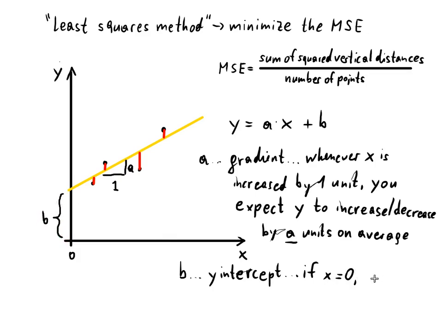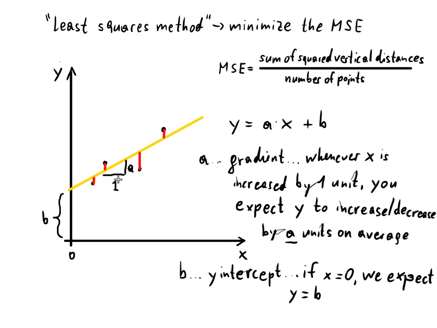So the y-intercept, its interpretation is, if x is 0, then we expect that y equals b, which is also only true on average, so it's what we expect, and it's only applicable if the x value 0 is within the possible range of the data.